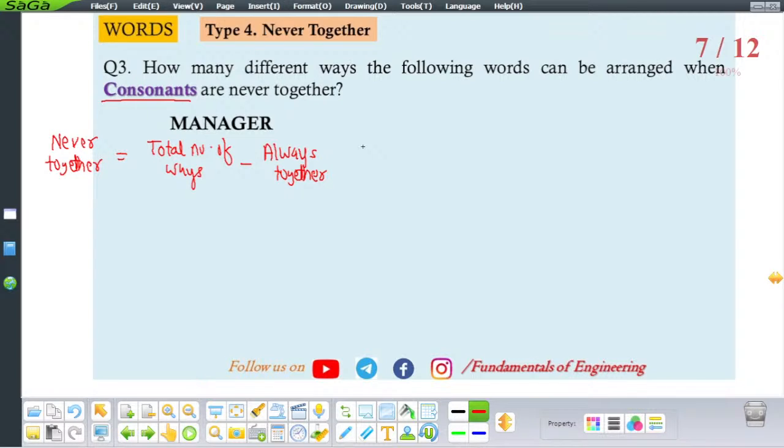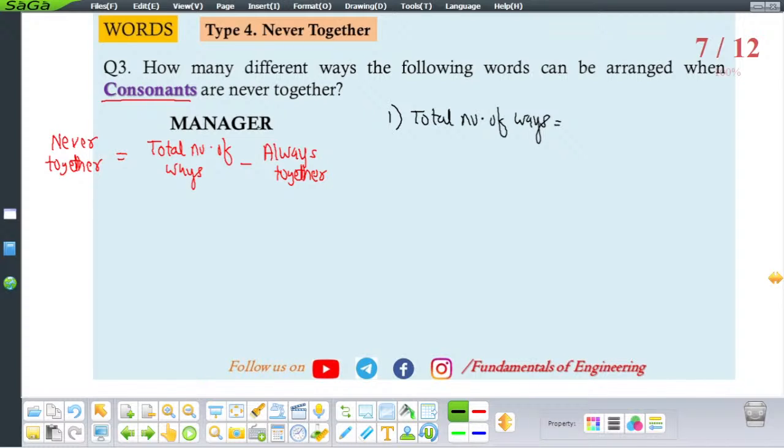We have to do never together. Vowels never together means total number of ways we are getting 90720 minus always together we are getting 7560. So based on that you are getting the answer 83160. You can check that. So here total number of ways: you have to count the number of letters, 1, 2, 3, 4, 5, 6, 7.